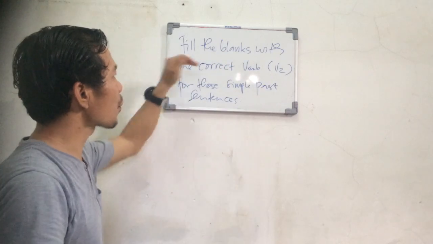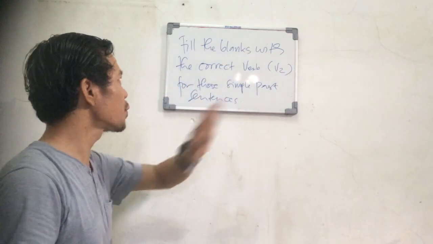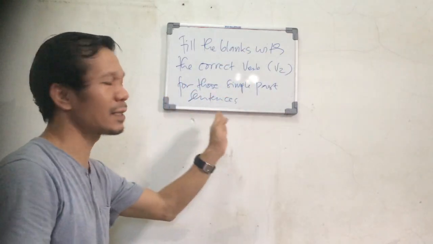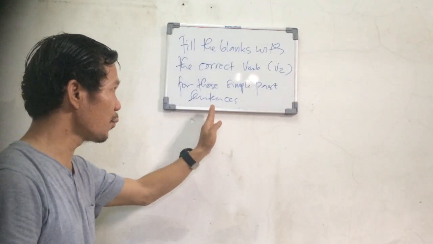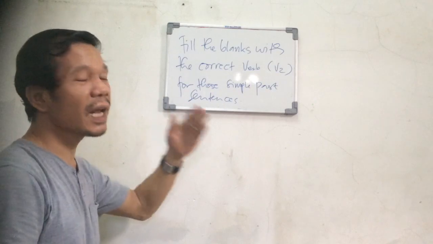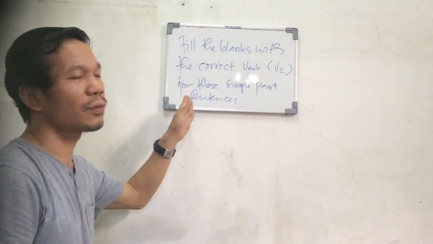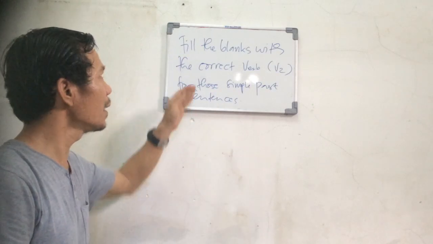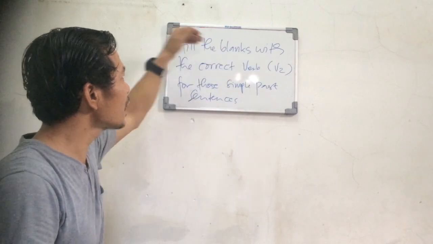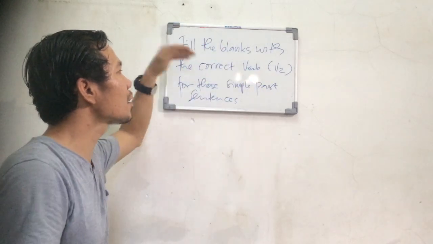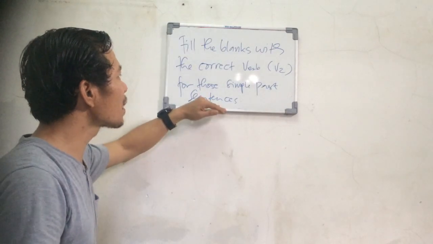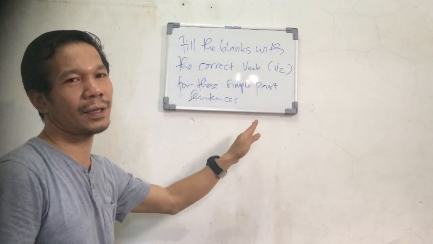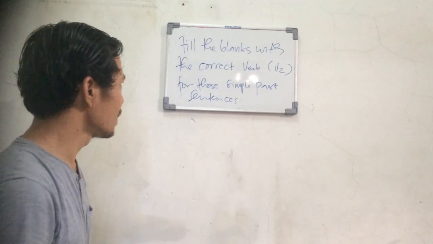Fill the blanks with the correct verb in bracket, verb 2, for those simple past sentences. Okay, remember, this is the instruction for the next 5 questions that I will write down here. Isilah titik-titik ini dengan kata kerja yang tepat, yaitu kata kerja bentuk kedua untuk kalimat-kalimat simple past berikutnya.